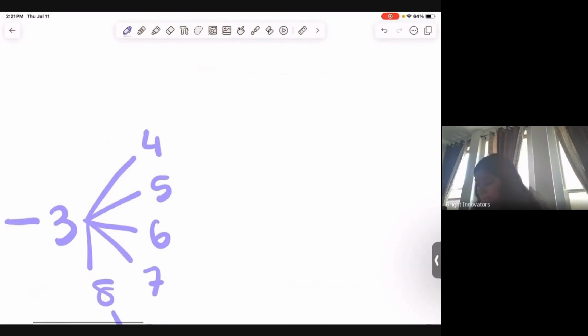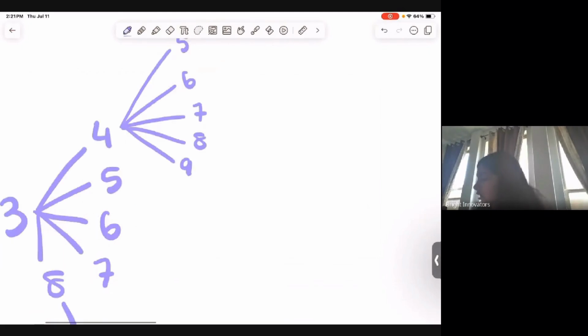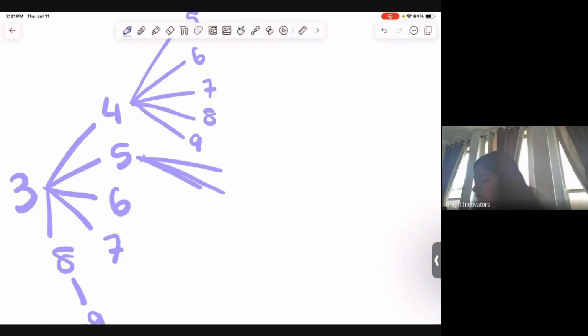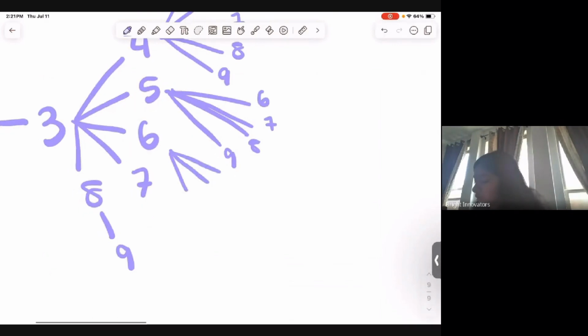And then if we look at the 4, there's 5 numbers you can do. You can do 5, 6, 7, 8, or 9. And then for 5, 6, 7, 8, 9. And then it just goes on. 7, 9, 8, 9.